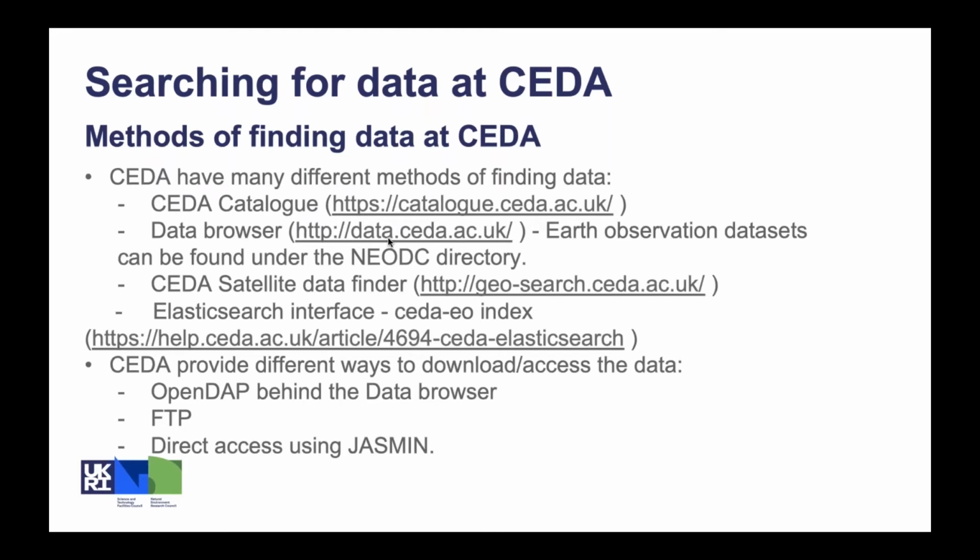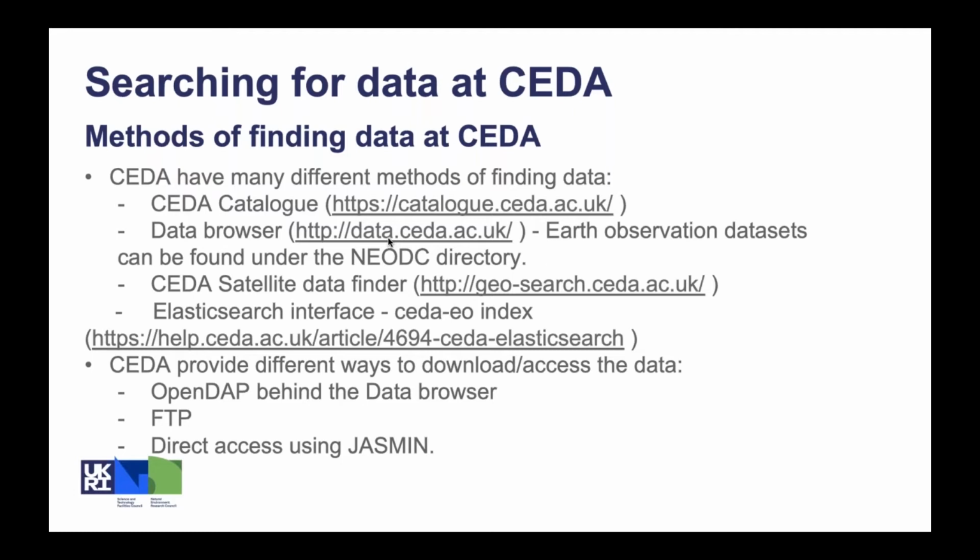Searching for data at CEDAR, we've implemented quite a few different methods of finding data that we archive. We have the CEDAR catalog, which gives you top-level metadata, a bit about what each data set holds. You can search on keywords and hope to find the data sets you're looking for. We have the data browser that provides data to be downloaded.